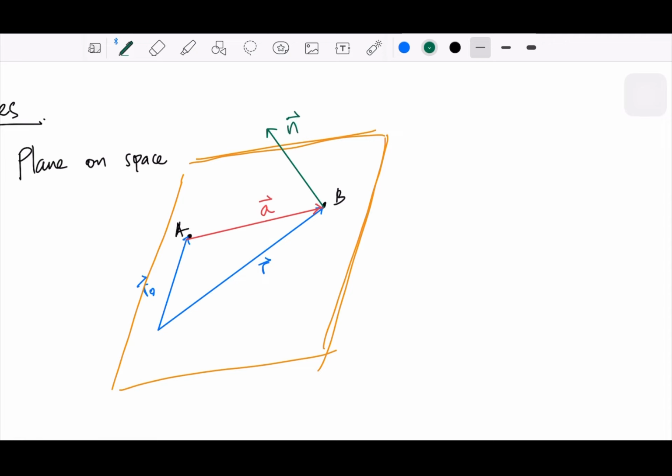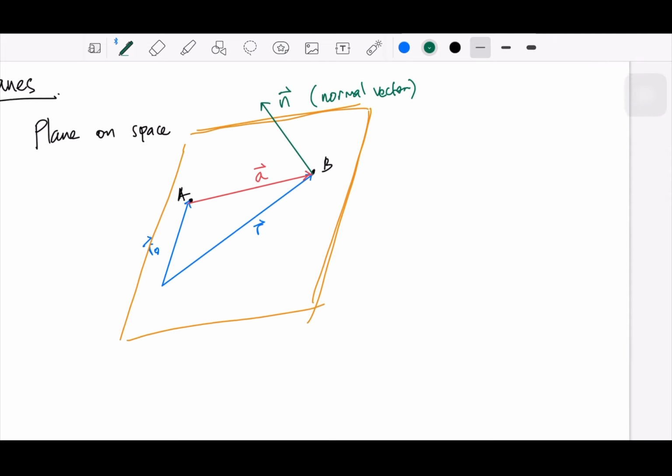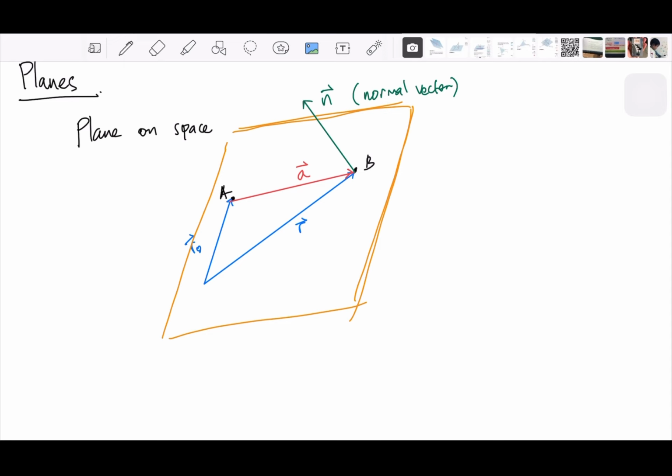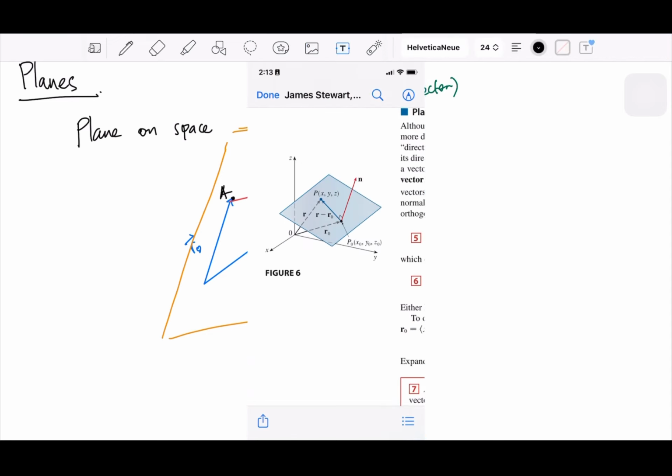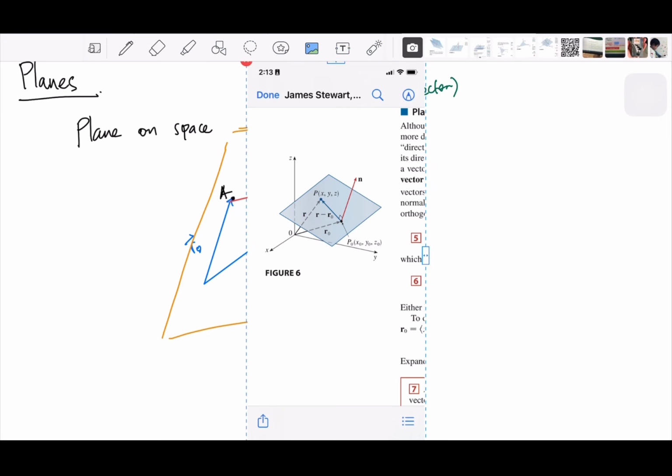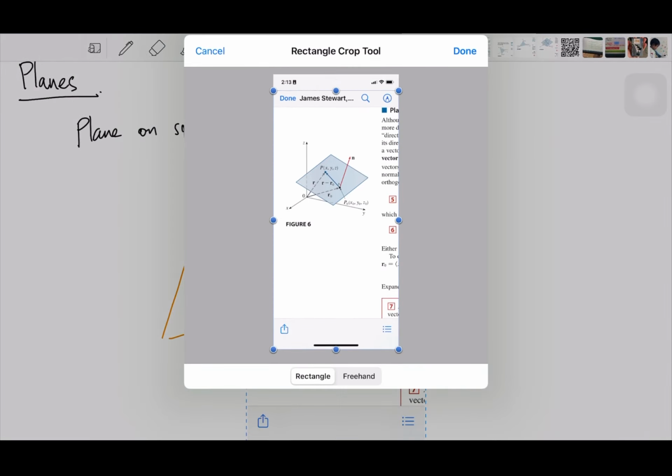We also call this vector the normal. Let me put in a graph to make it easier to look at.